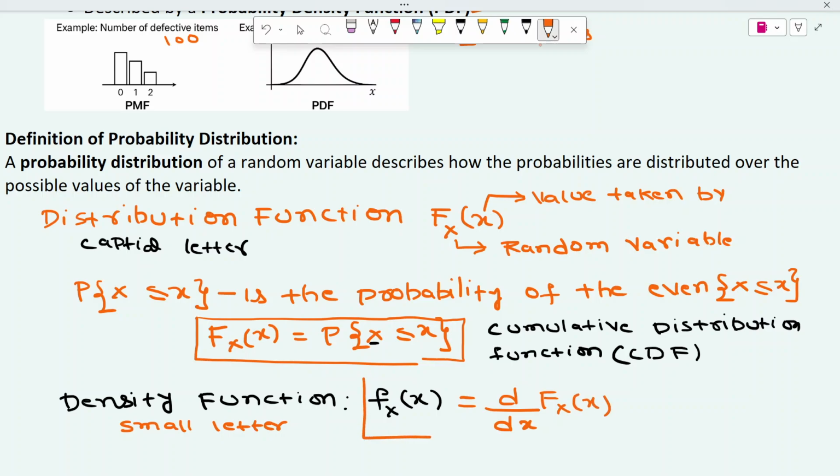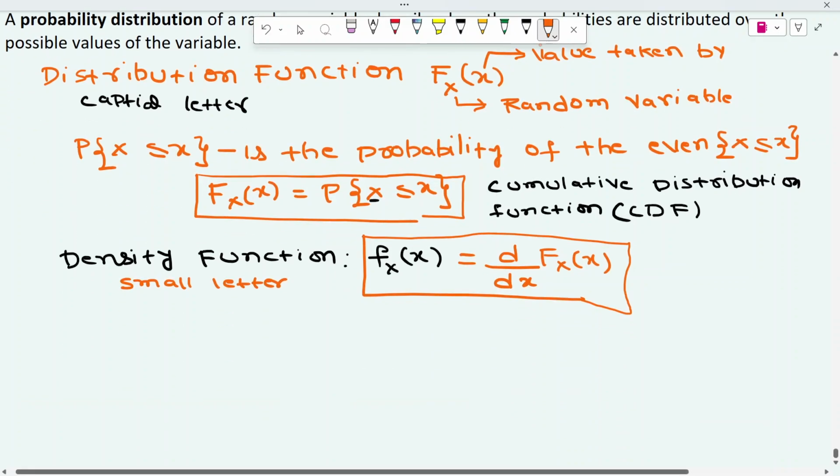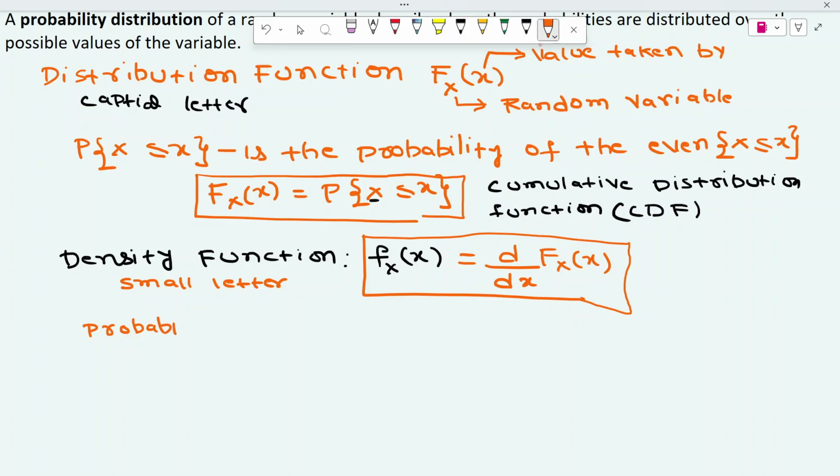This is how we define the density function. It is nothing but the differentiation of the distribution function, and it is also called the probability density function, or PDF in short, whereas the distribution function is called CDF.